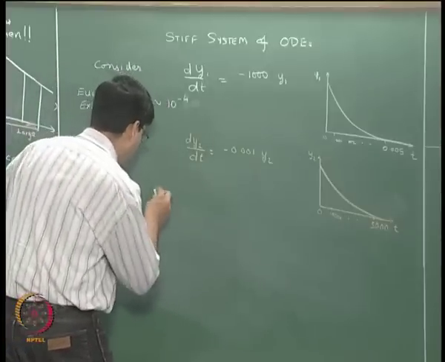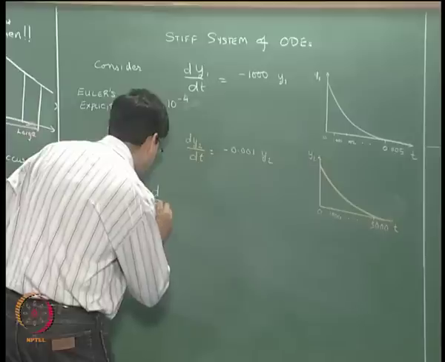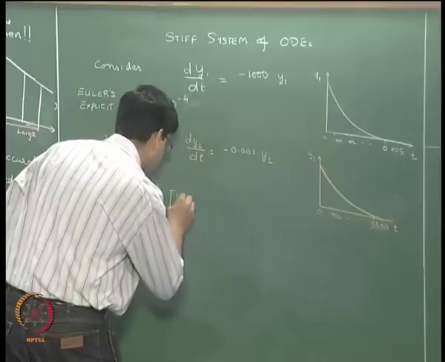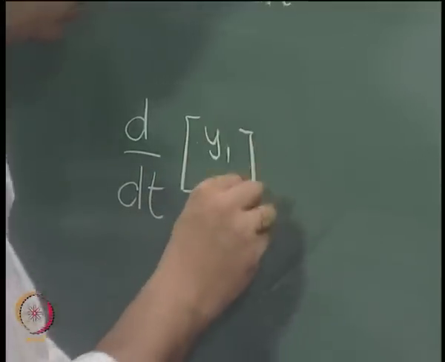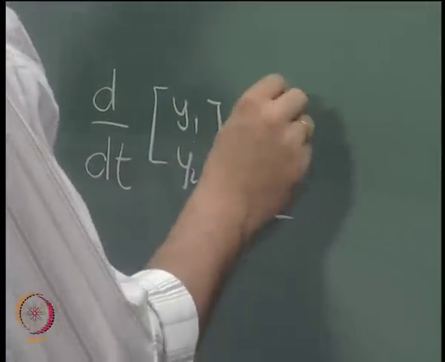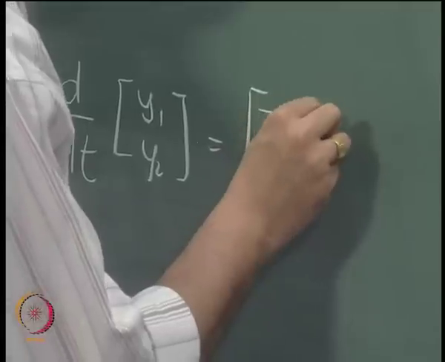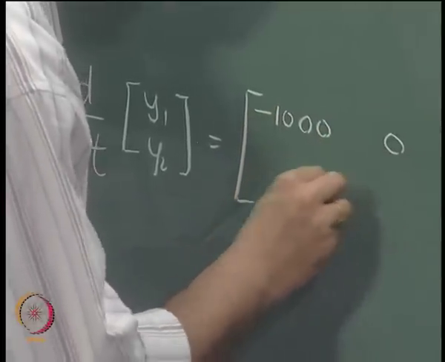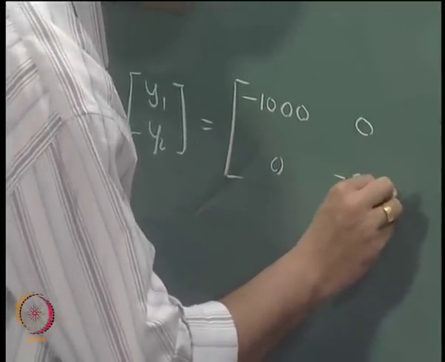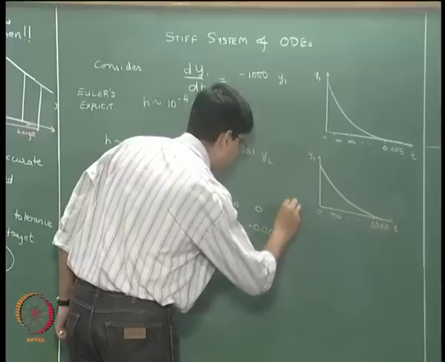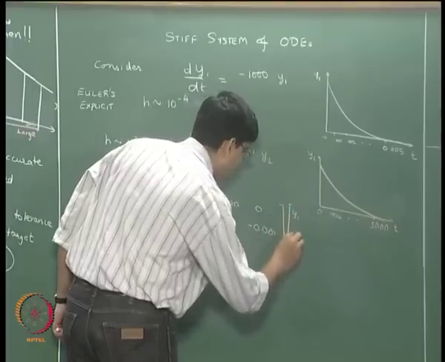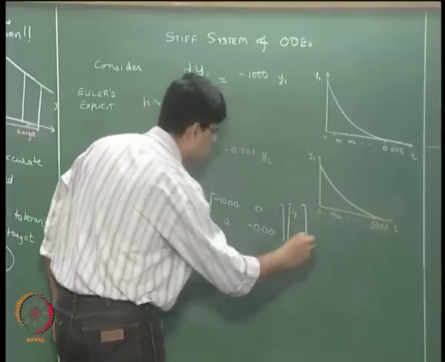Now however, if we had an equation of the form d/dt of [y1 y2] equal to the matrix [minus 1000, 0; 0, minus 0.001] times [y1 y2]. Okay.